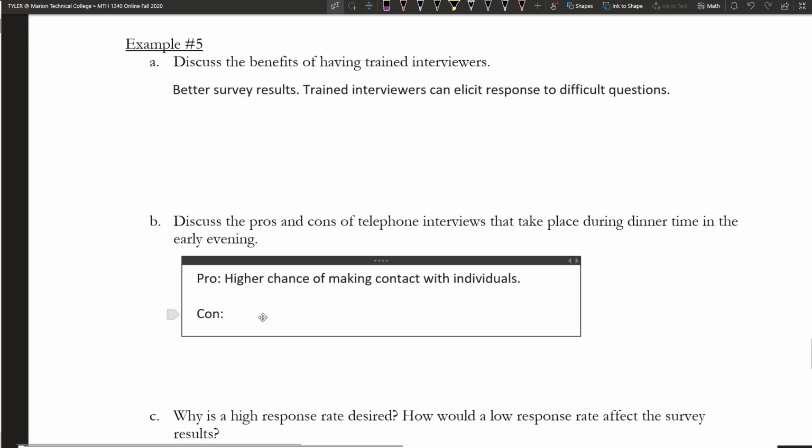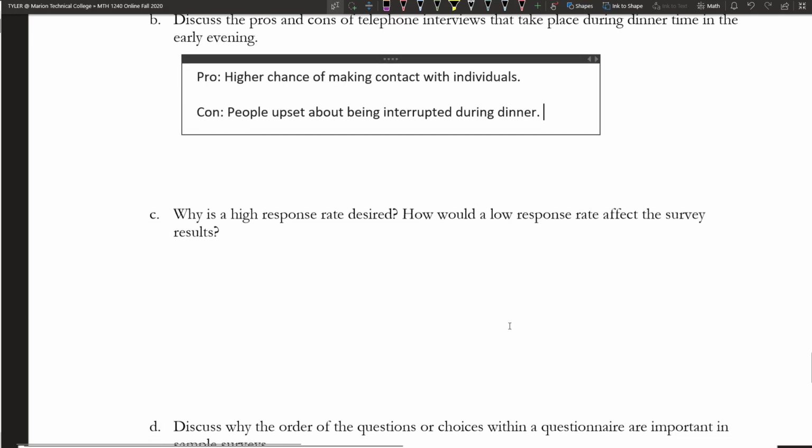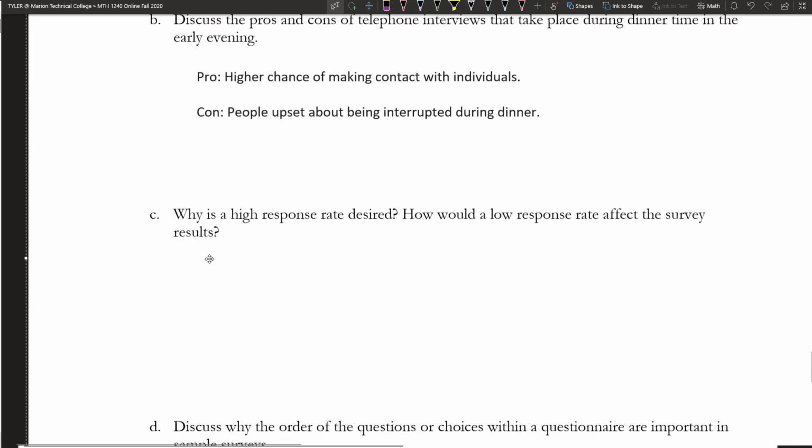People probably got home from work, visiting with their family, and getting ready to have dinner. But a con is that people may get upset about being interrupted during dinner. Right, so some people might not get angry, but I think a lot of people would, right? Like, why are you bothering me? I'm trying to enjoy dinner with my family.